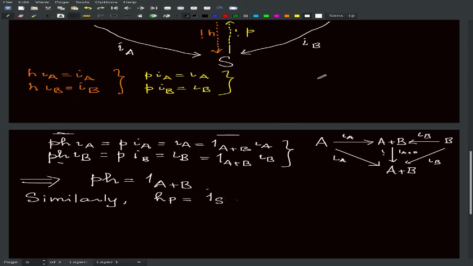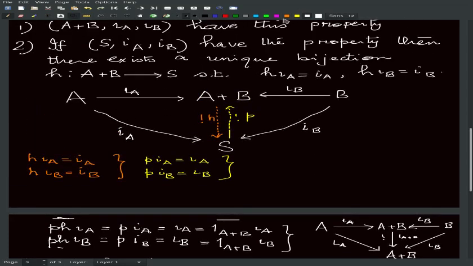So what do I have? All this calculation tells me that P H is the identity of A plus B and H P is the identity of S. So one must be the inverse of the other. So P must be H inverse. So H is a bijection and P is its inverse.